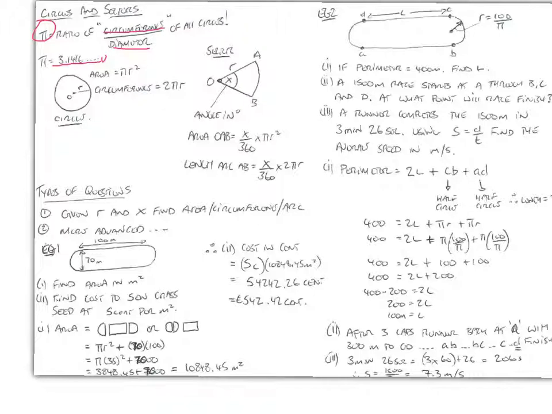So for the circle, we just remind ourselves, a circle with centre O and radius r. The area of the circle is pi r squared, and the circumference, or I suppose another word we could use is the perimeter, is equal to 2 pi r.